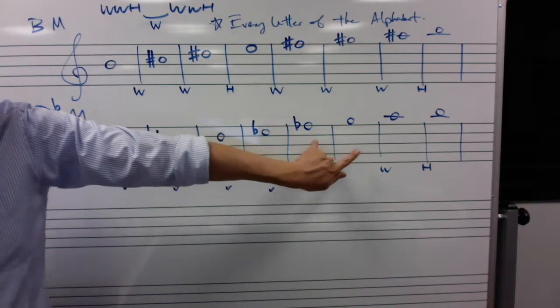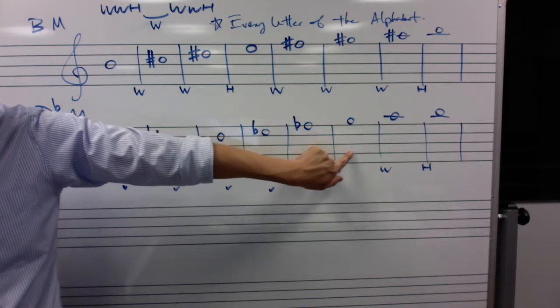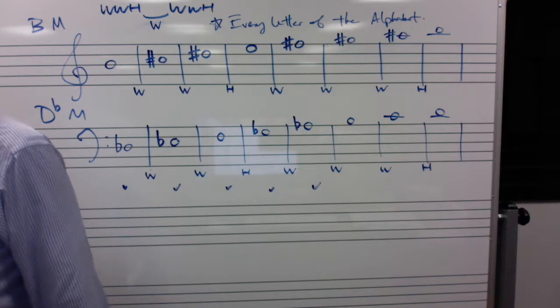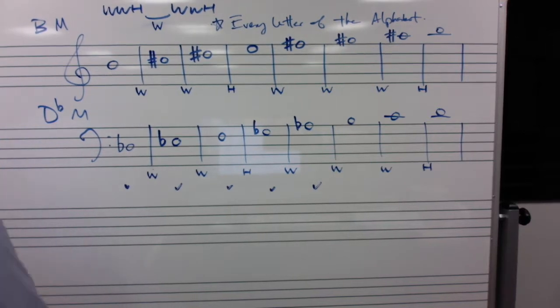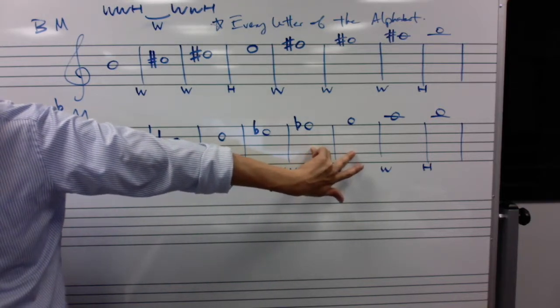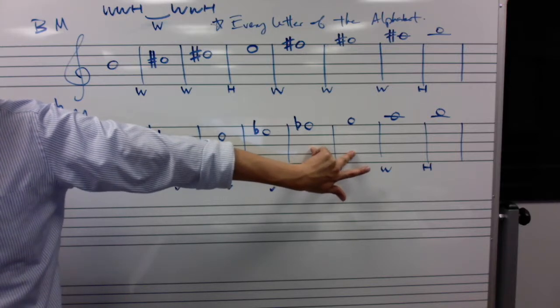From A flat to B, I need a whole step. So Joshua, is that a whole step? A flat to B? No, not a whole step. A flat is a black key, right? The second of the group of three.